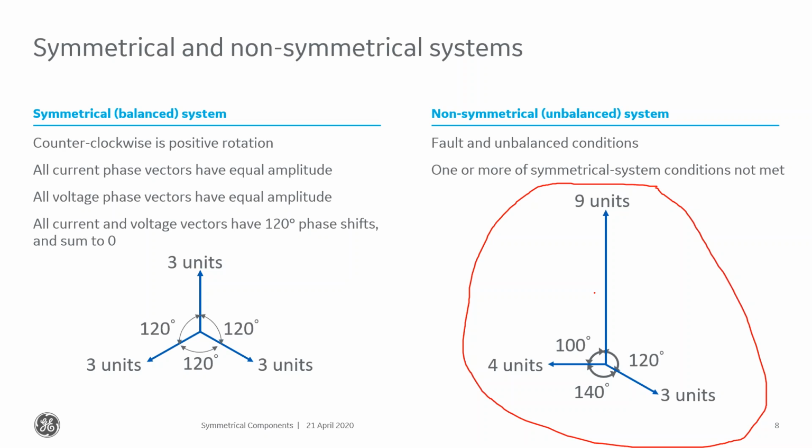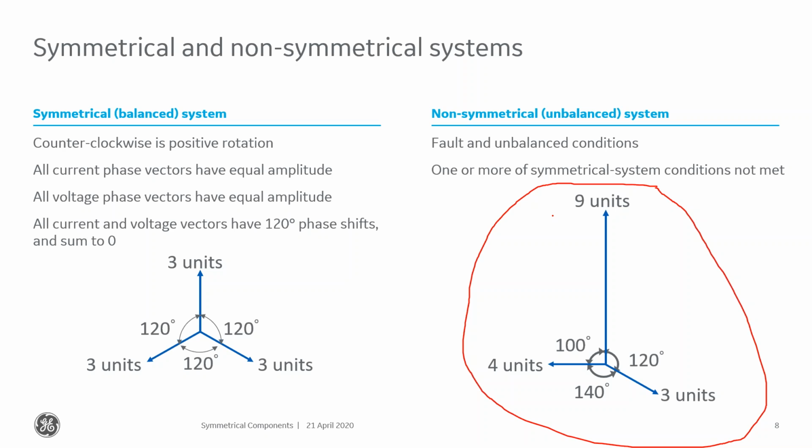So I have neutral currents that I've introduced there because these three quantities here don't vectorially sum to 0. Previously, before someone invented symmetrical components, there wasn't a way to analyze this non-symmetrical system that I show on the right here. There's no way to do this.